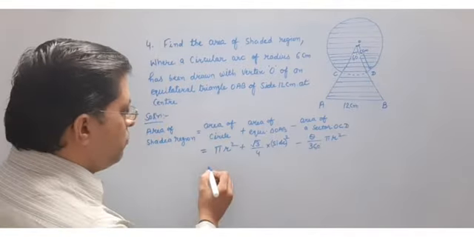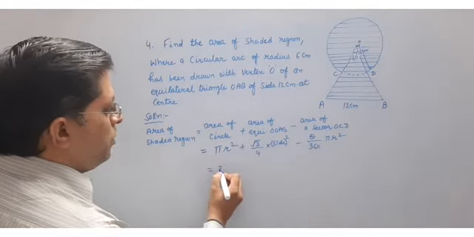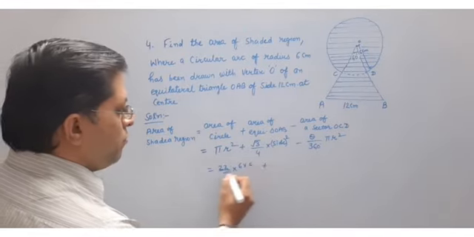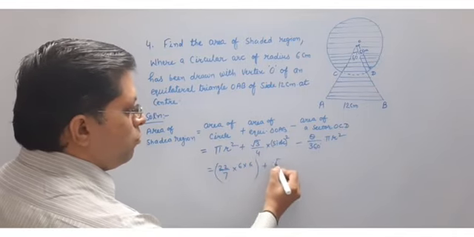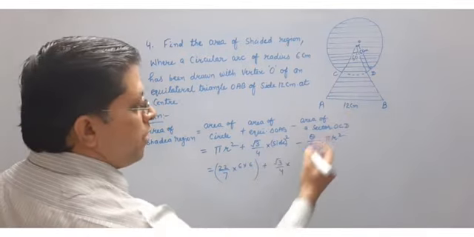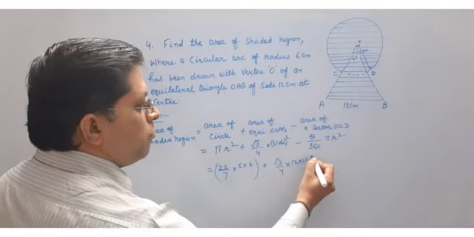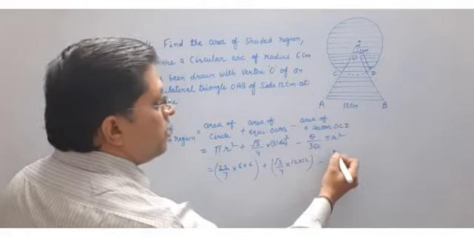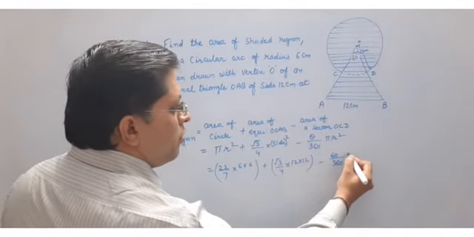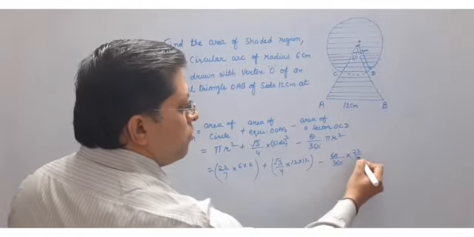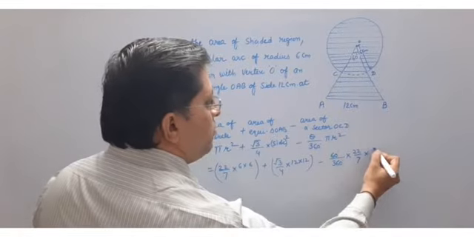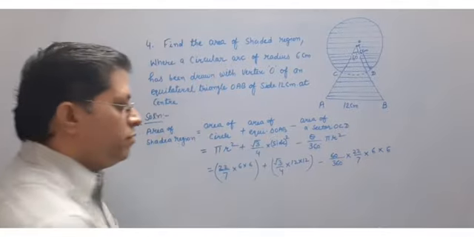Okay, put values. 22 upon 7, r is 6 into 6, plus root 3 upon 4, side is 12, 12 into 12, minus theta is 60 degree upon 360 degree into 22 upon 7 into r is 6 into 6.